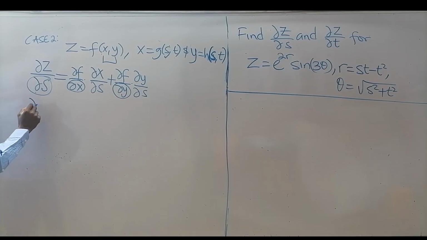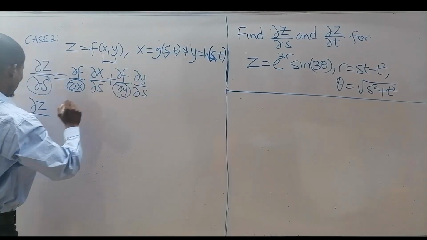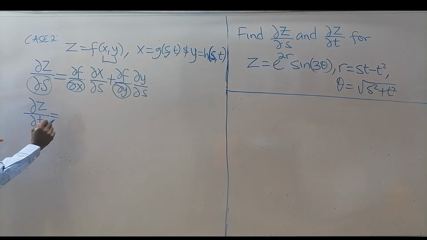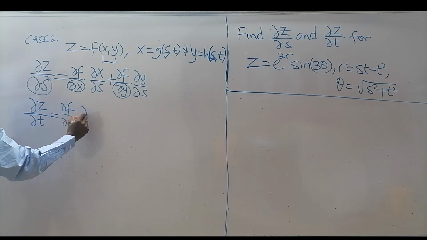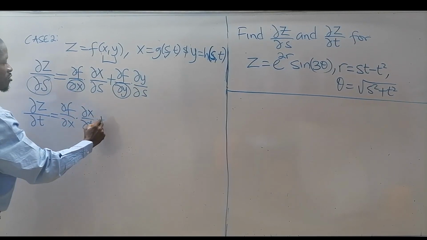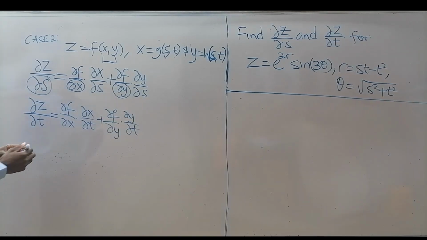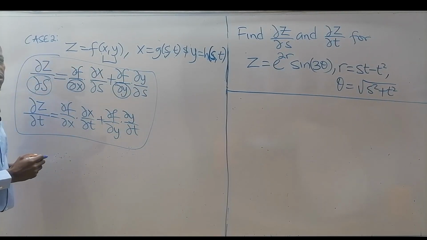Then the next one, del z over del t, will be equal to del f, del x times del x times del t plus this. So these are the two equations that are very, very important.